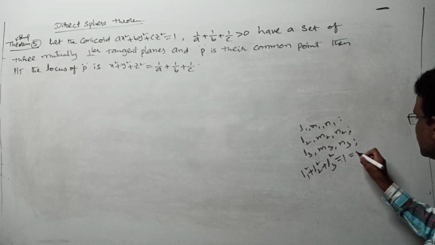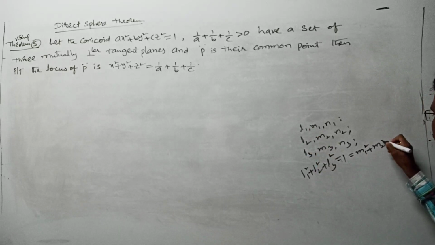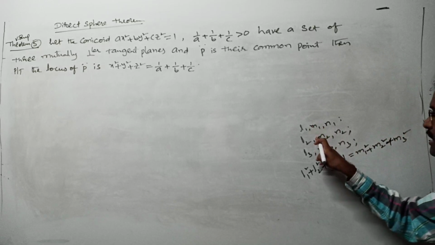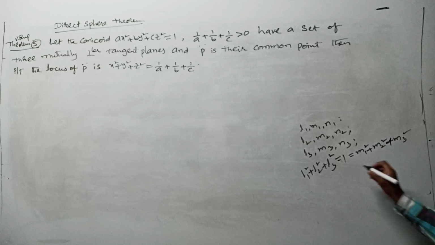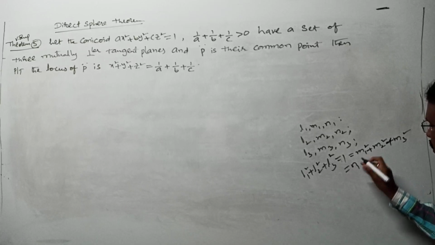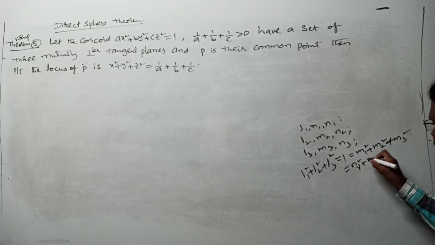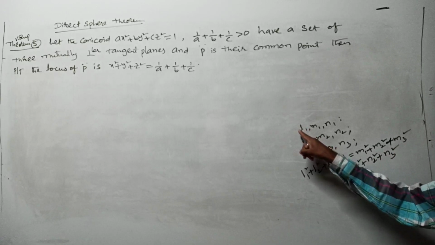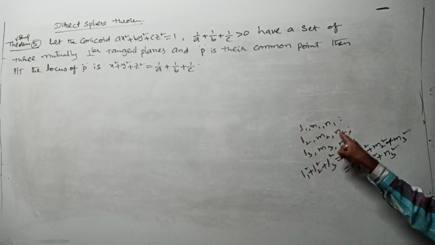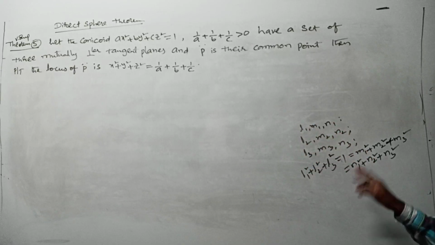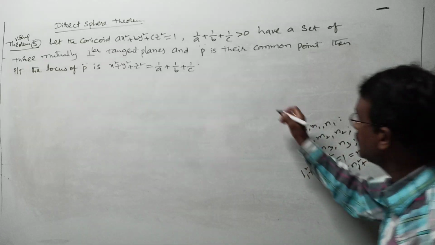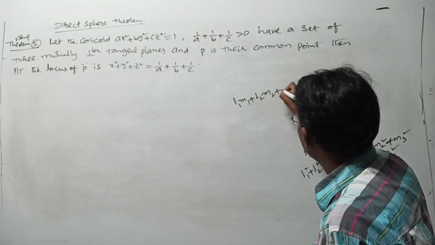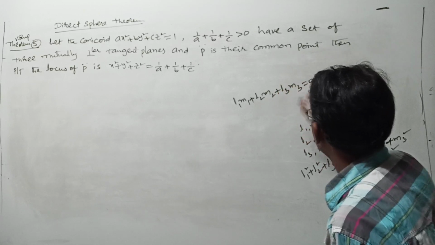Similarly, M1 square plus M2 square plus M3 square equal to 1. In the same way, N1 square plus N2 square plus N3 square equal to 1. That means the sum of squares is unity. That is your first condition. The other condition is L1 M1 plus L2 M2 plus L3 M3 equal to 0.